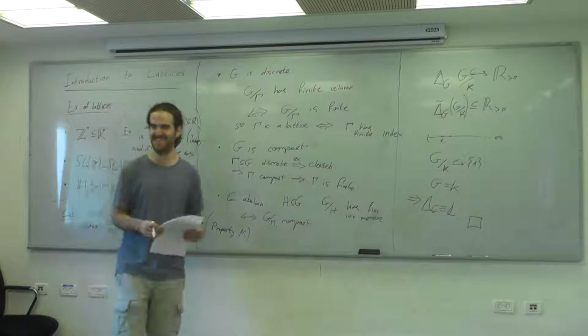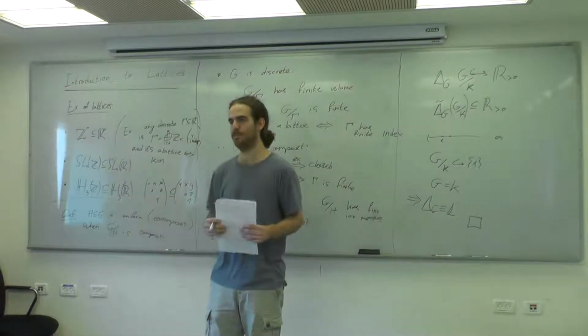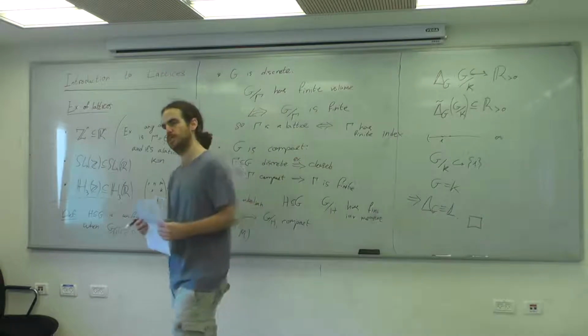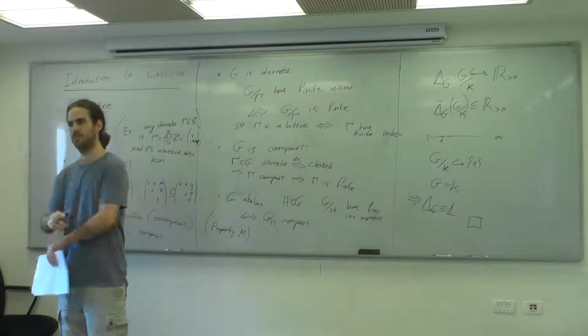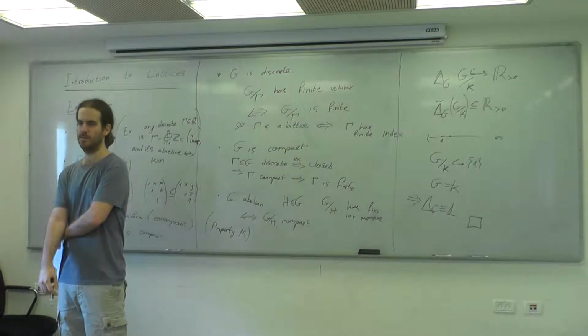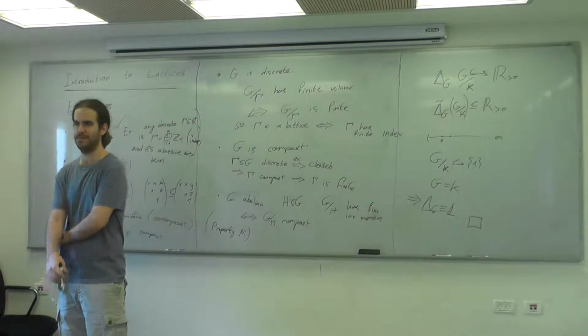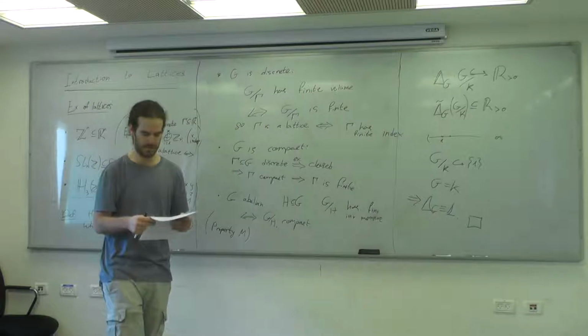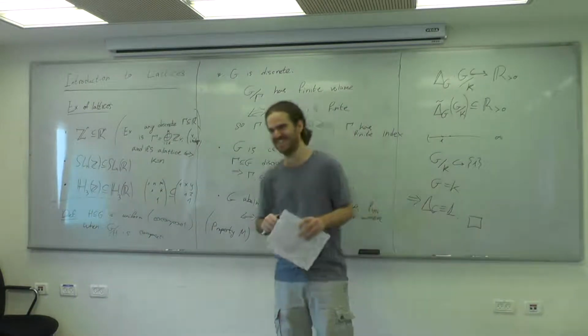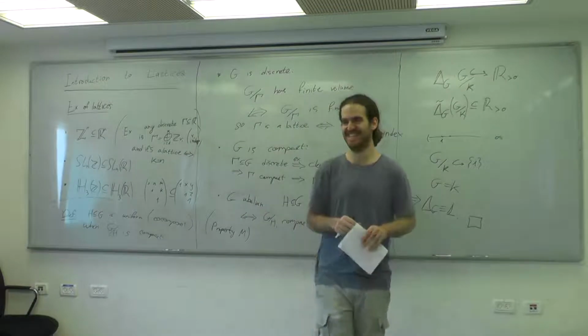It's not true for general topological spaces, because you have 1 over n in R. It's a discrete set, but it's not closed.